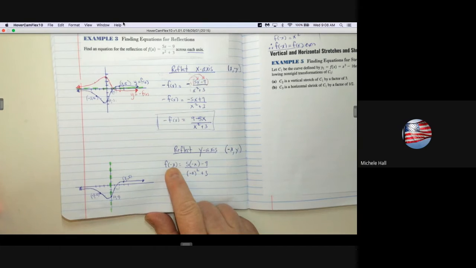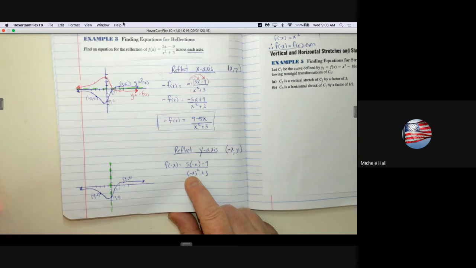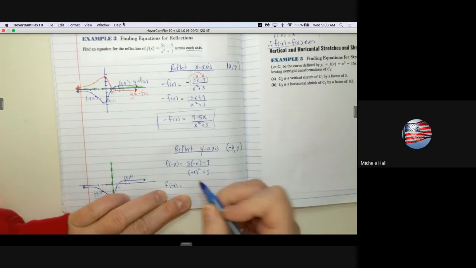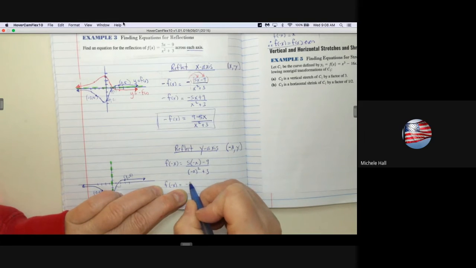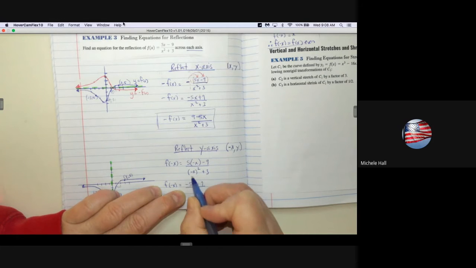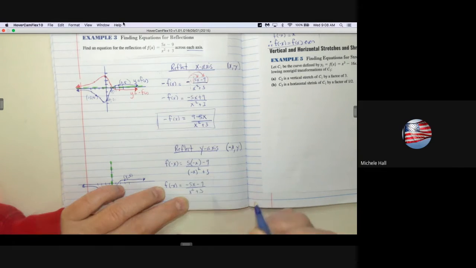F of negative x equals 5 times negative x, and then negative x squared. I substituted in a negative x for all of the x's. F of negative x equals negative 5x minus 9 over negative x times negative x is x squared plus 3.